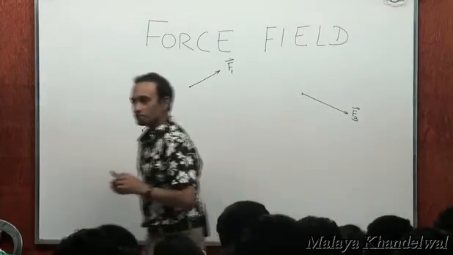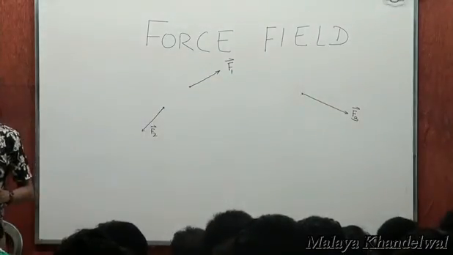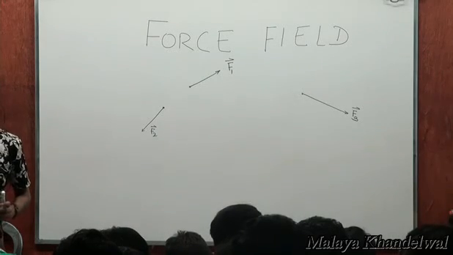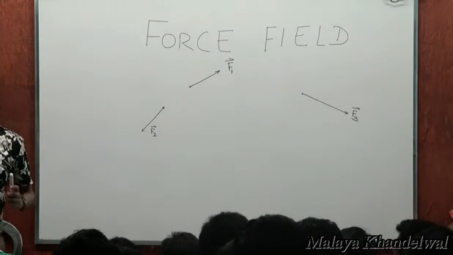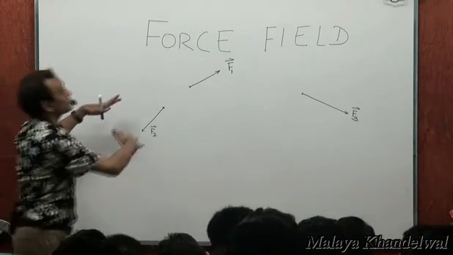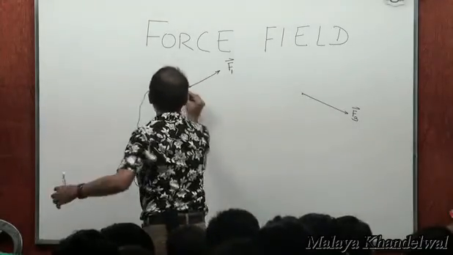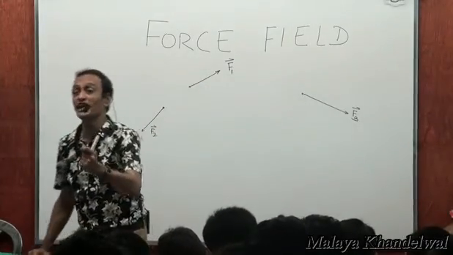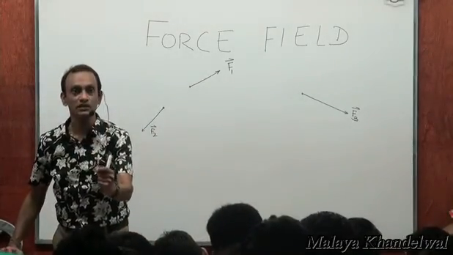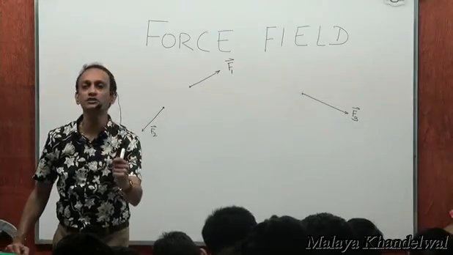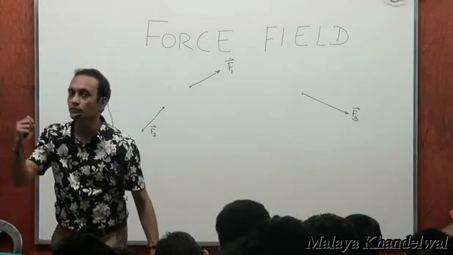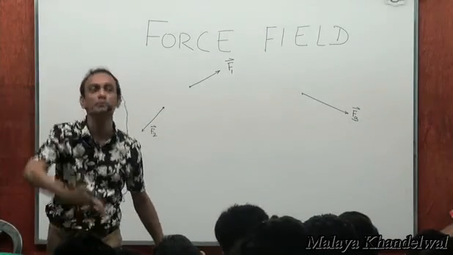So in this region, we have knowledge of these force vectors at each and every point. This is said to be a force field. With every point, I could associate a force vector, which will tell me the force acting on a test particle when it's placed at that point or it passes through that point.